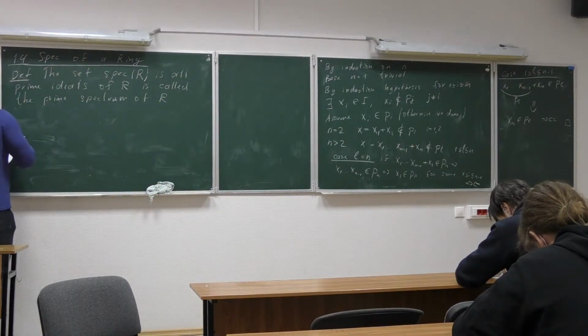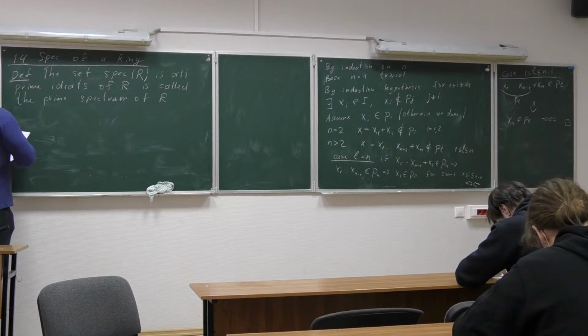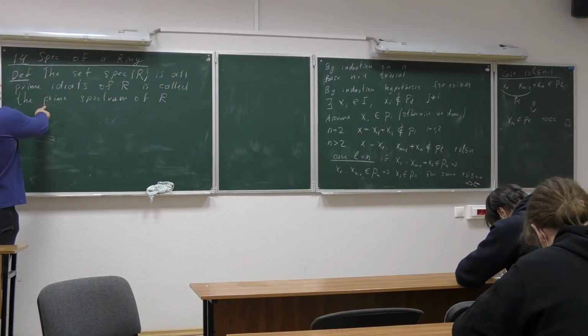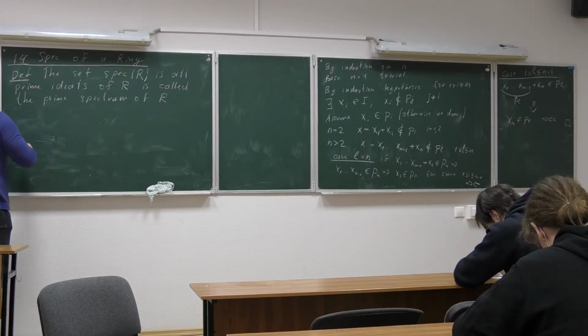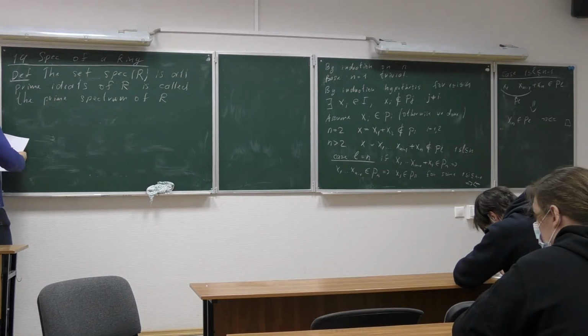Okay, now actually I want to put a topology on this set of all prime ideals. So this is called the Zariski topology. I start with the following.